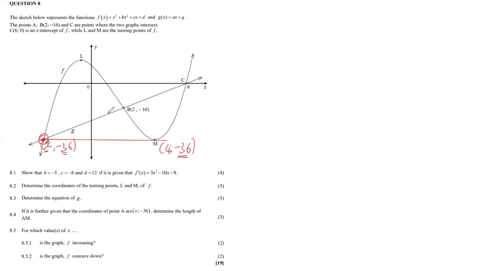That's very simple. We have already come up with the equation of the line G. So remember, G of x is 4x minus 24. We already have the coordinates of A, that's (x, negative 36). So where there is G of x, we can just say negative 36 and calculate the value of x.